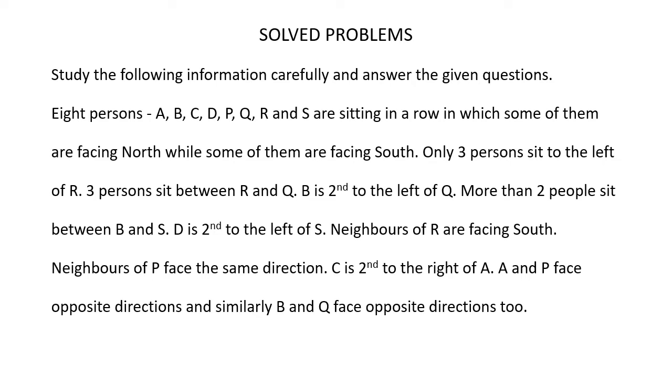Here, only 3 persons sit to the left of R is direct information which helps us to fix the position of R. Next, look for any other statement which refers to R and then continue from that statement to solve the problem.